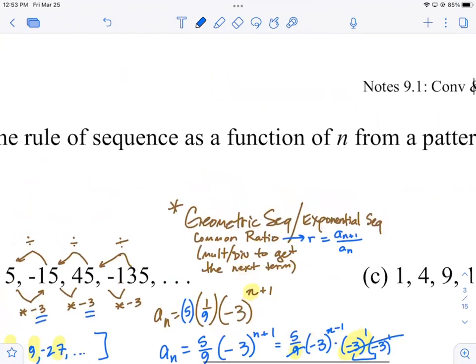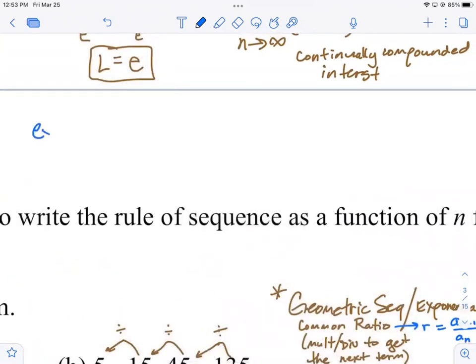All right, let me give you one to try on your own, right? Because I know you're like, what the? Okay, how about this? Let's just do an easy one. 4, 8, 16, 32, ... All right, go ahead and write the nth term for that.